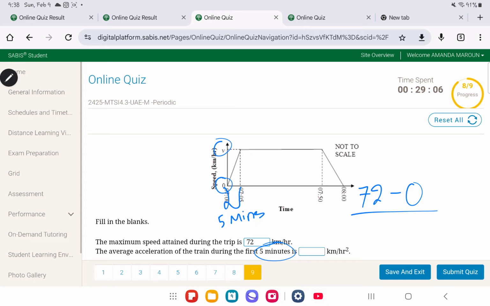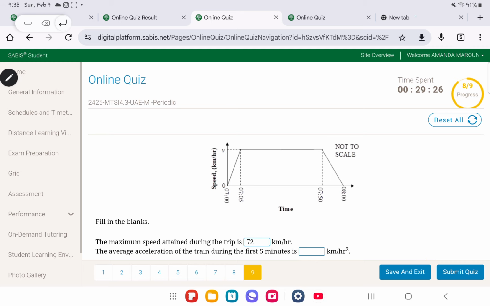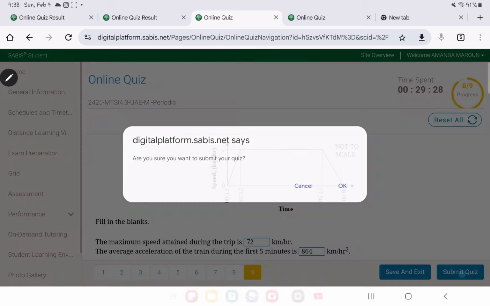To change from minutes into hours, you divide by 60. So you are going to get 72 over 5 over 60 on your calculator. Please do not forget to put the brackets. When you put the brackets, you are going to get an answer of 864. So very simply, 864 kilometers per hour squared.